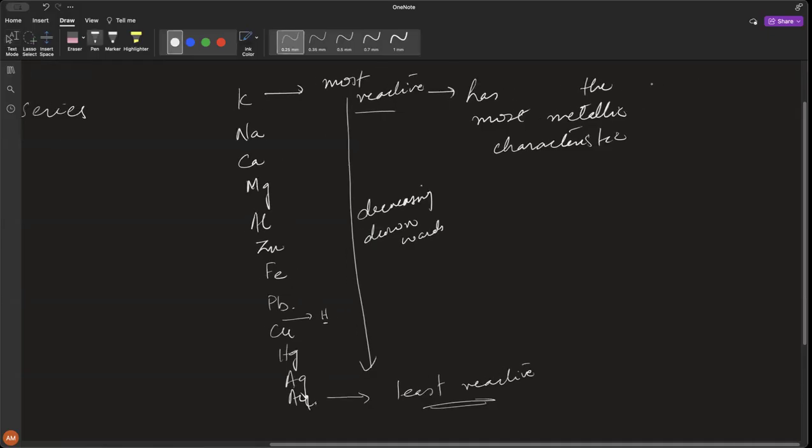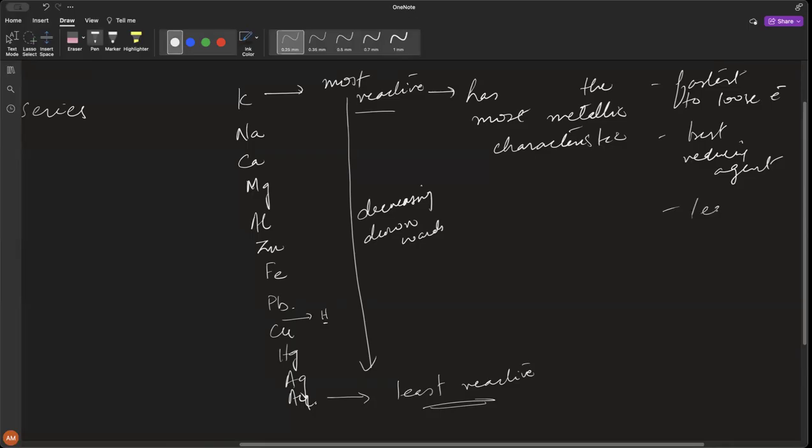This means that it is fastest to lose electron, best reducing agent, and has the least acceptance for electron.